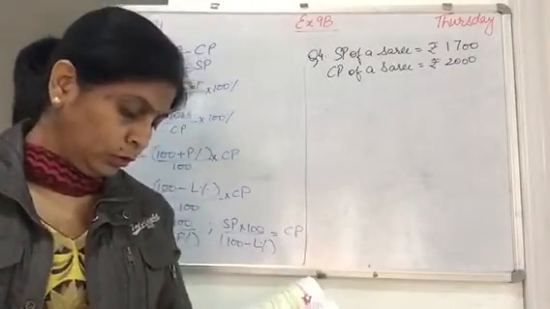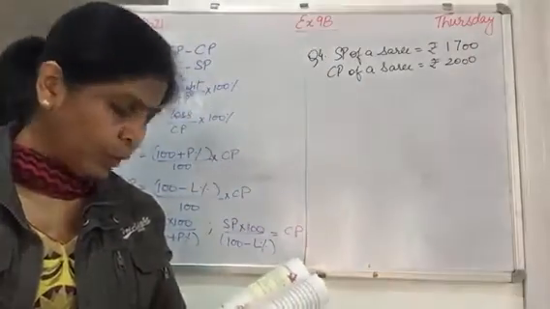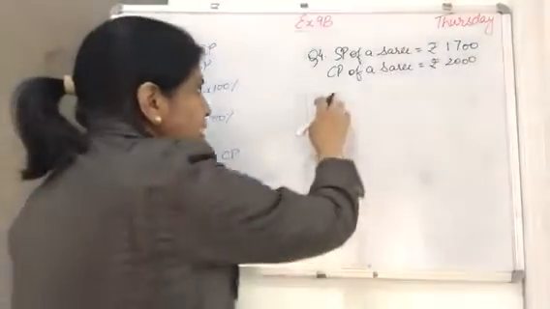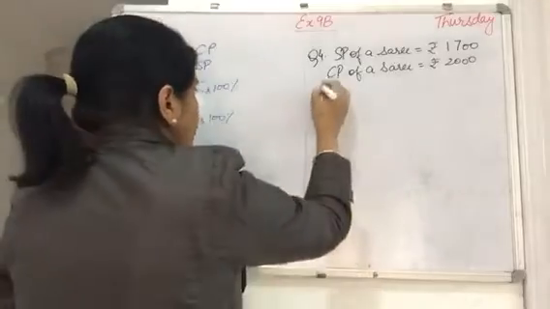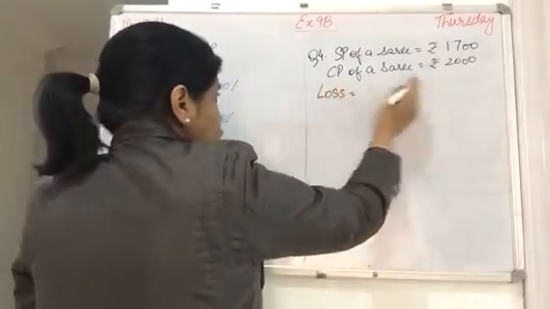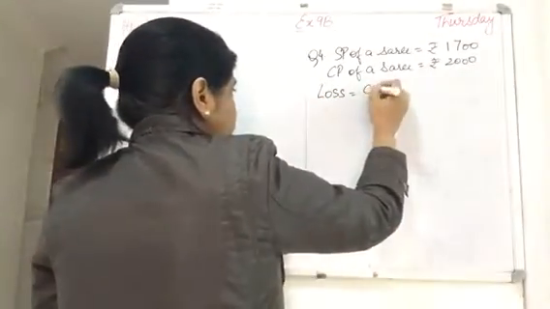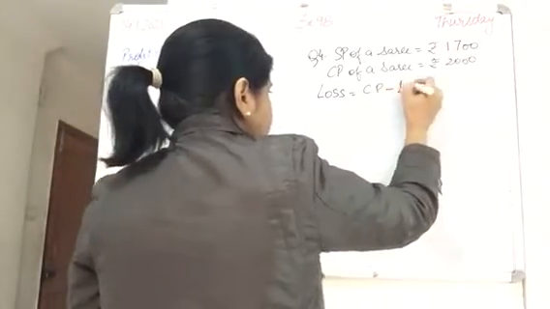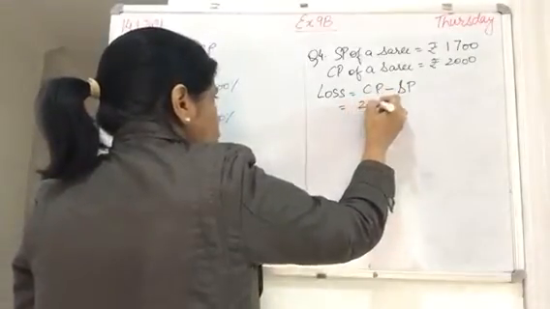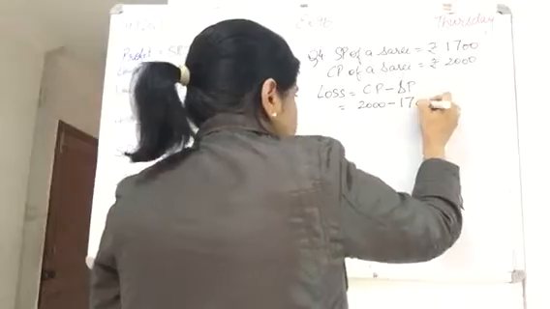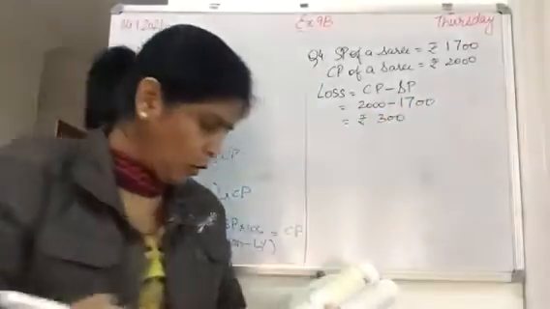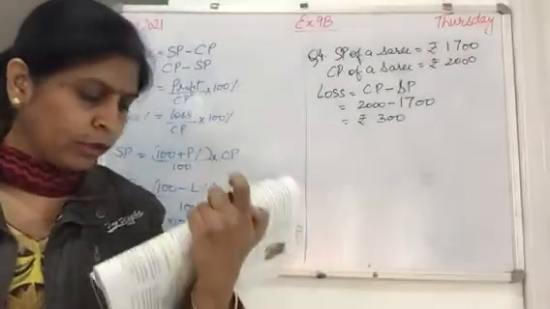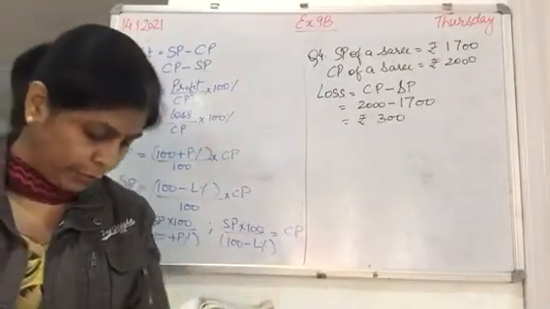So when he had purchased it, what is his loss? Now cost price is 2,000, selling price is 1,700, so it will be a loss because cost price is greater. CP minus SP, so 2,000 minus 1,700. So rupees 300 is the loss. The question asks what is his loss, so we have calculated it.